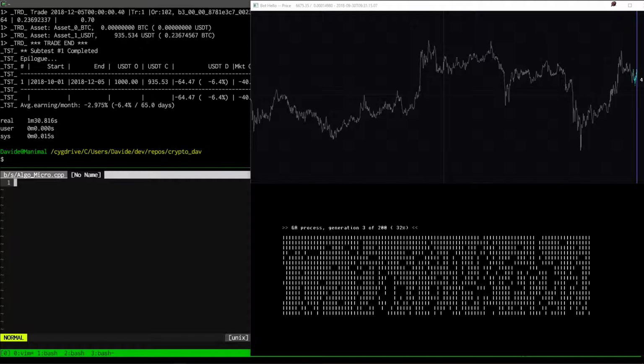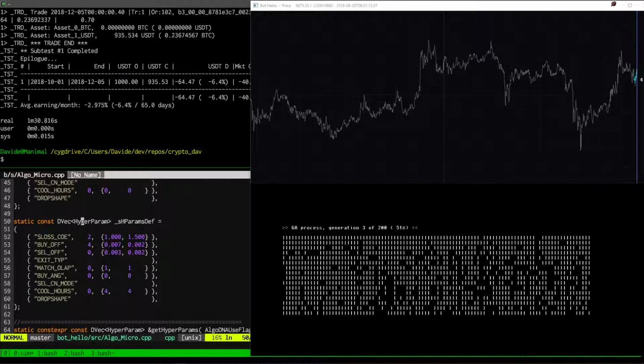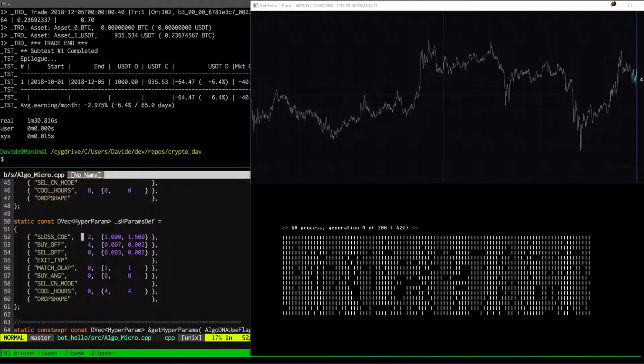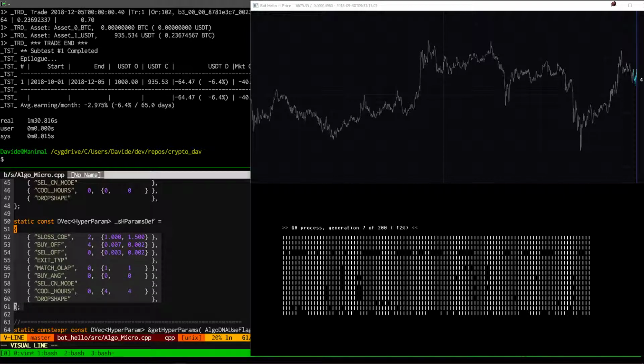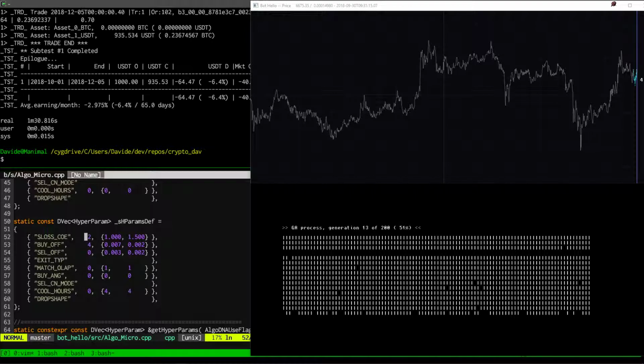So a bit more in detail, we can see here, for example, a set of hyperparameters in our code. These parameters, they have a minimum and a maximum value and a number of discrete steps that we want to try.